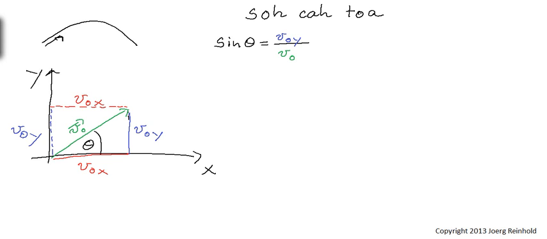I can multiply this left and right with v naught. What I then find is that v naught times the sine of theta is the y component of my initial velocity vector.